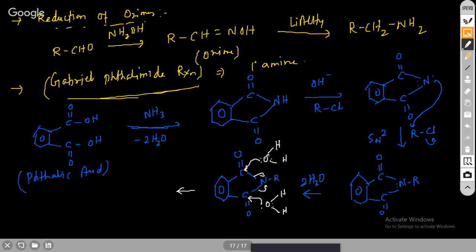Since this oxygen loses its lone pair, oxygen will have a positive charge on it. Here also oxygen will have the positive charge. So one of the hydrogen atoms comes out as H plus, and here also one hydrogen comes out as H plus, and both H plus join onto this nitrogen. Okay, so finally we'll get RNH2 plus phthalic acid in the end as it is.